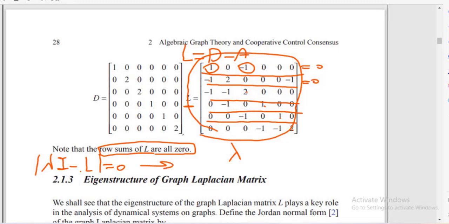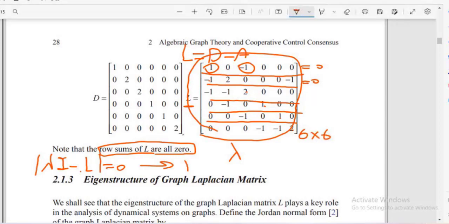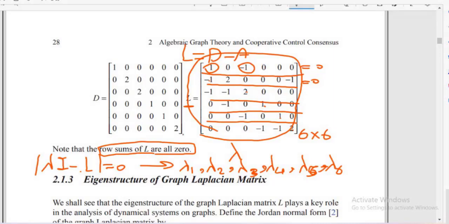For example, the dimension of this matrix is 6 by 6. Consequently, we have 6 eigenvalues: lambda 1, lambda 2, lambda 3, lambda 4, lambda 5, lambda 6.